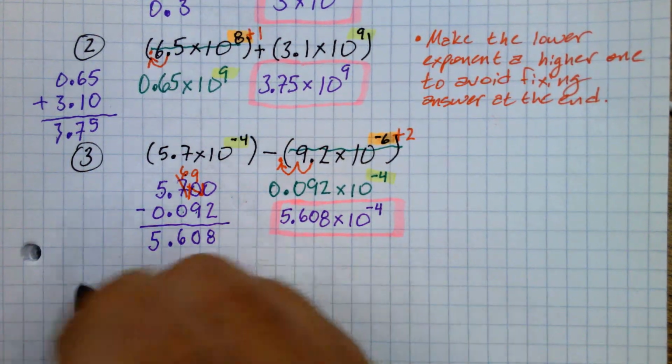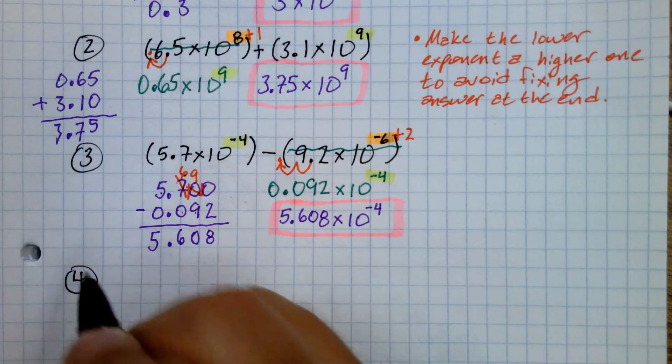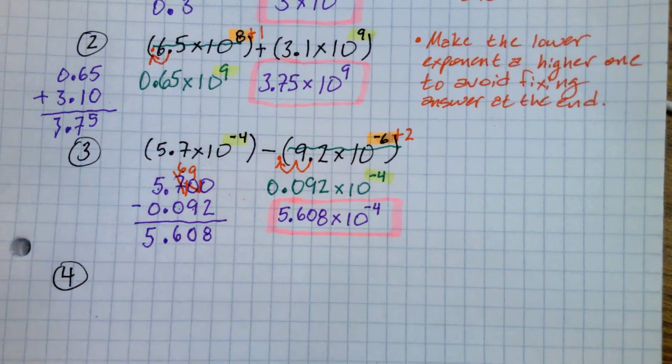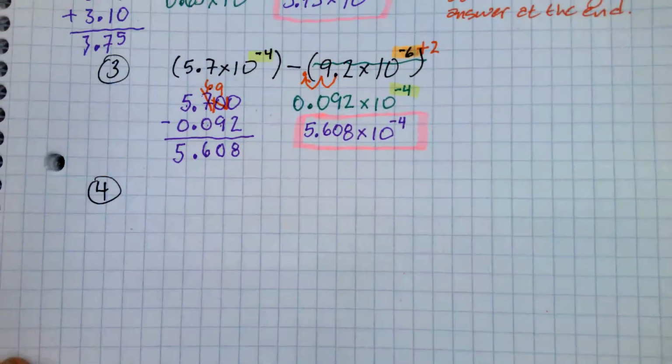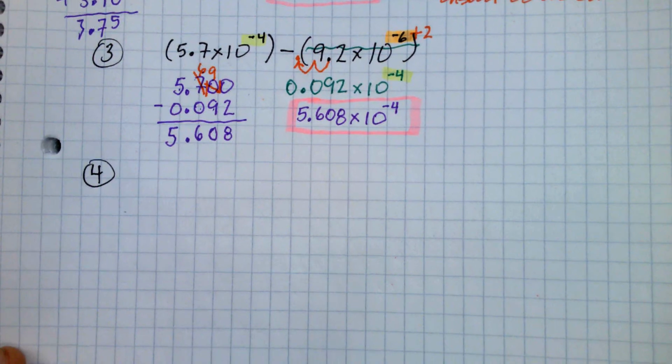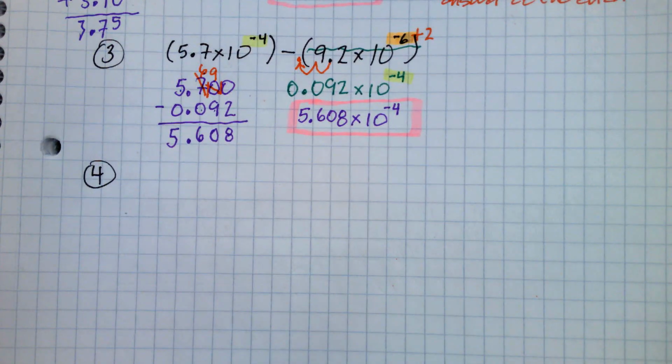Número 4. Okay. So in this example, this is going to be another science-related word problem. It turns out, and this is coming from chemistry, you work with different combinations of chemicals.